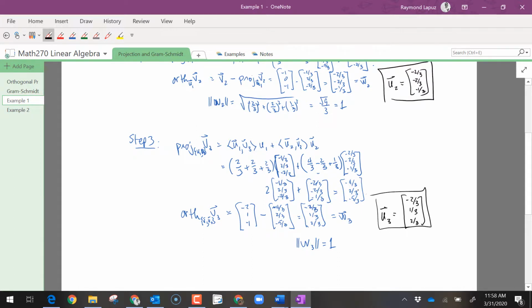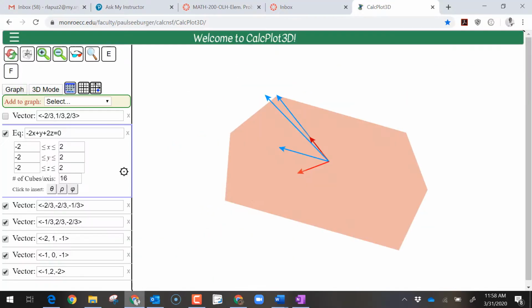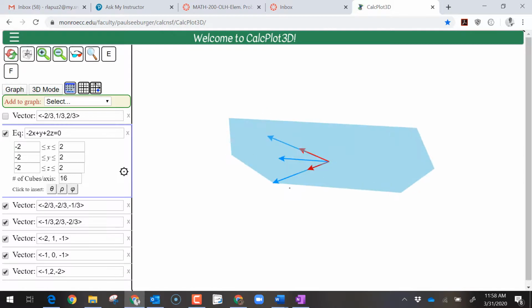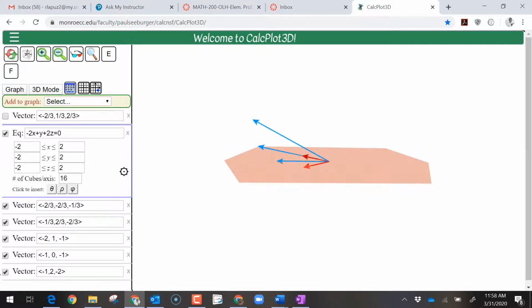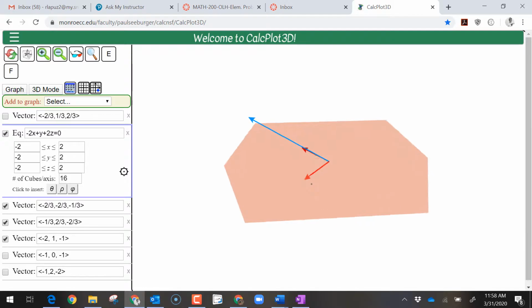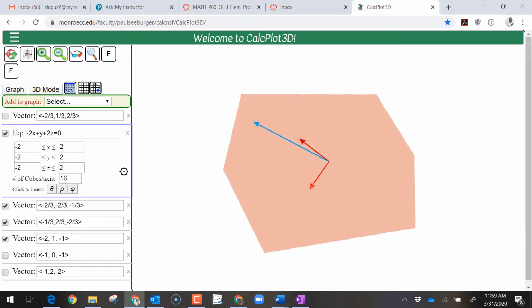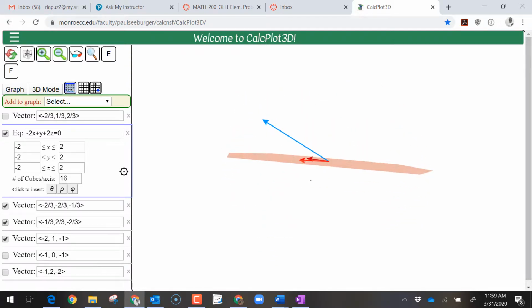Okay, so let's take a look at that. So now we're looking at this projection of, let's take away the other vectors right now, the first two, v1 and v2. So now we have u1 and u2 vectors that span a plane, they're perpendicular, and then we have a third vector that's not on the plane.